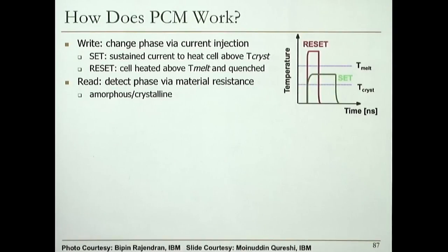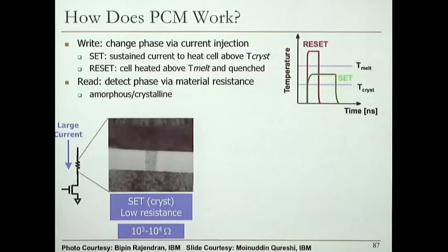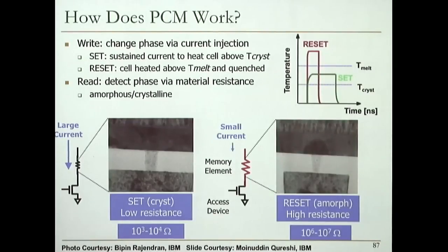To read, you need to detect the phase by detecting the material resistance. Again, the two different states. So people have done this. Actually, these pictures are from IBM. This is the set state, and this is the reset state, the high resistance state. Basically, this part is high resistance, and people usually describe it as like a mushroom cloud over there.